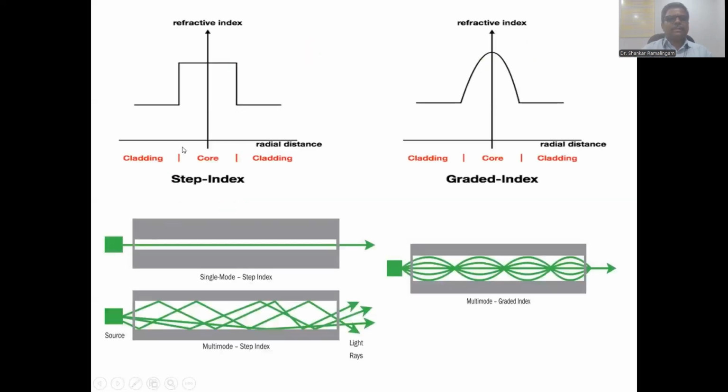So this is our step index fiber, where our refractive index has varied values. By now we know the core of the optical fiber cable should have a higher refractive index and the cladding should have a lower refractive index for total internal reflection, right?